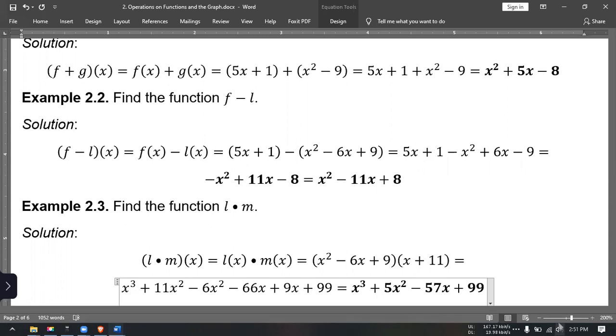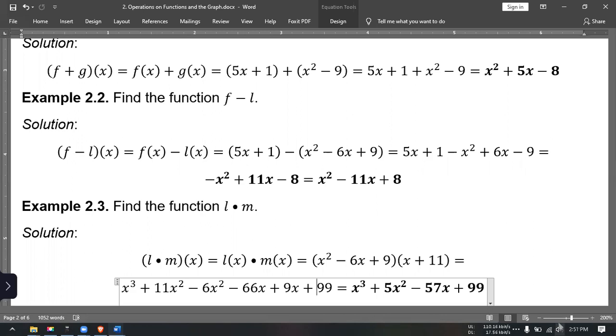Okay, and if we are to multiply binomial to binomial, that is when you are to use the FOIL method. First, outer, inner, the last term. And for polynomial to polynomial naman, you have again to distribute every term of your first factor to every term of the second factor. So bali distributive din siya.